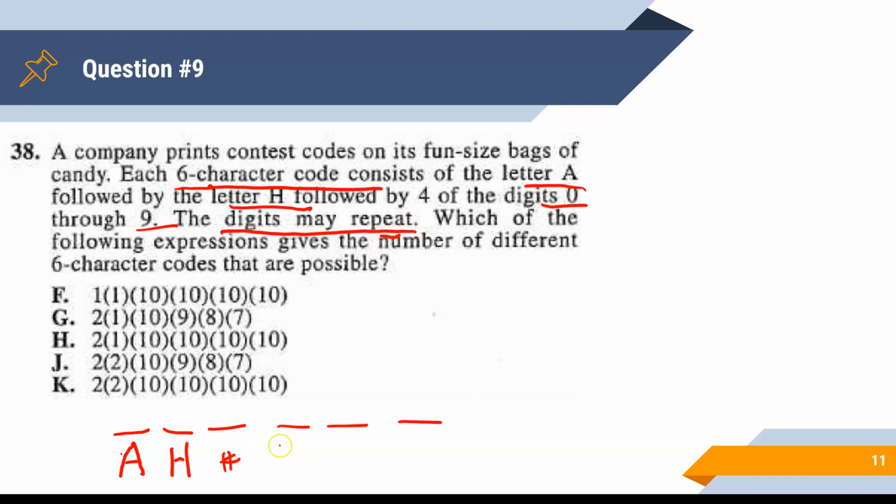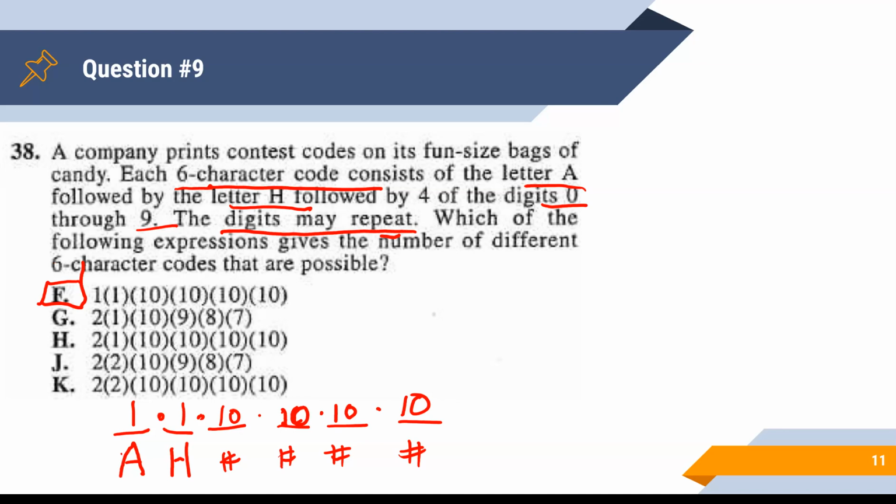So the rest of these are numbers. Well, there's only one way to pick an A, and one way to pick an H. And since the digits are 0 through 9, there's 10 numbers in there, and they can repeat. So the answer must be letter F.